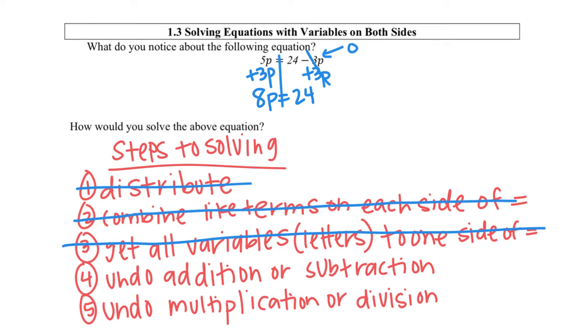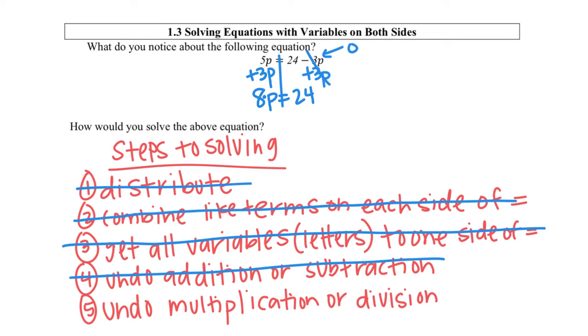Step 4 says undo any addition or subtraction, which I do not have in my equation, so I don't need to do that step. Step 5 says undo multiplication or division. I have in my equation an 8p, and we know that since they're smashed together, 8 is being multiplied times p.